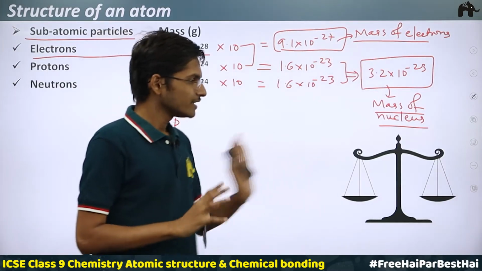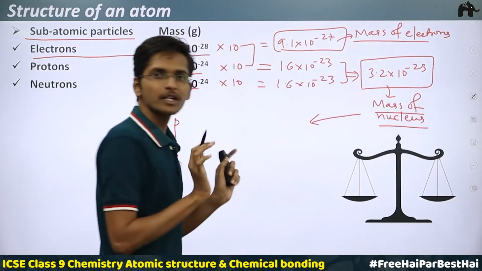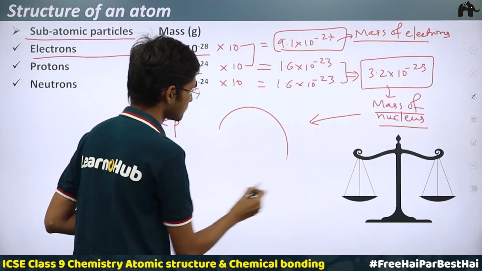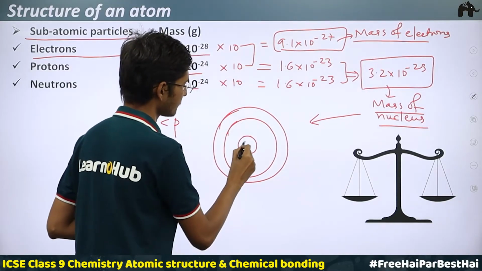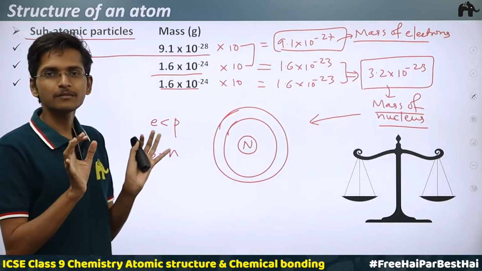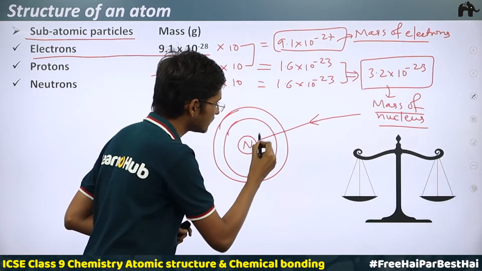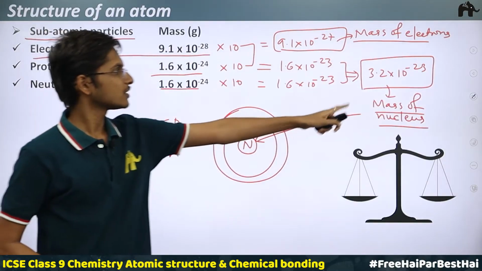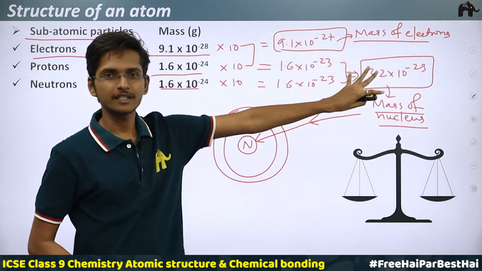So we can say that the mass of the entire atom, suppose these are the shells and this is the nucleus. So most of the mass is here in the nucleus, because the mass of the nucleus when compared to the mass of an electron is much more.